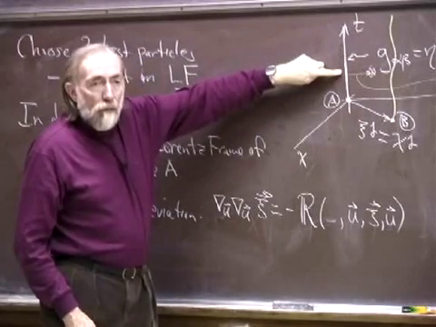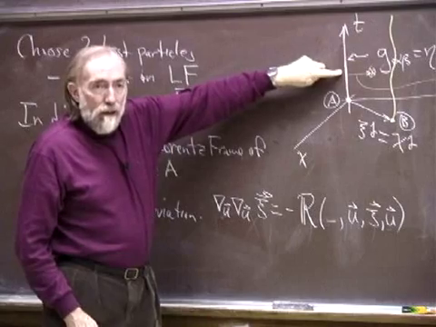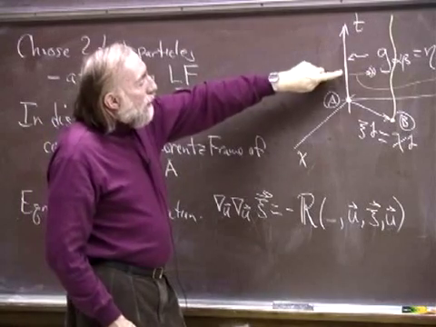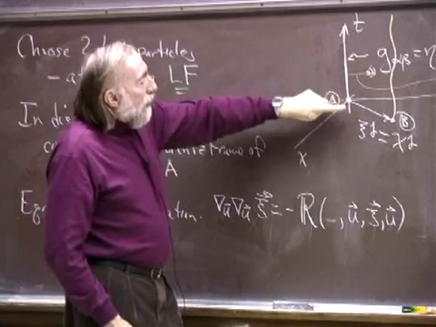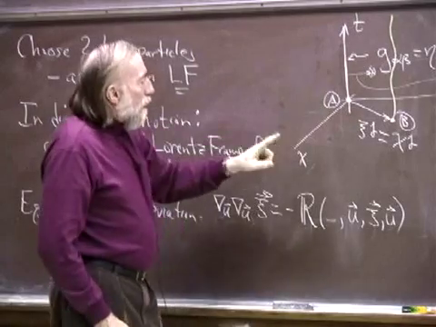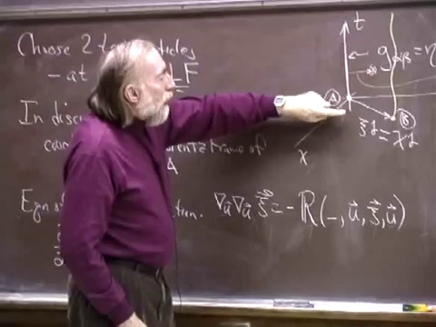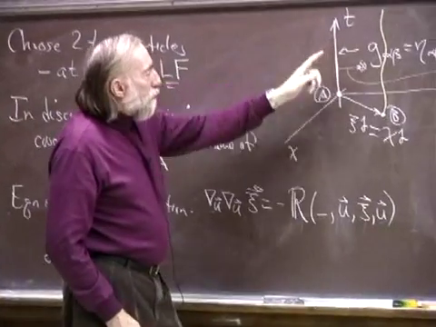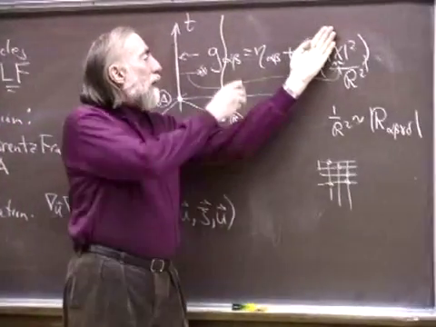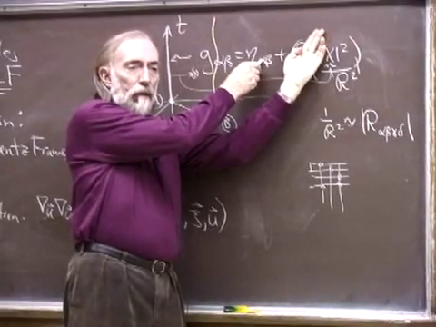Coordinate time, however, is being evaluated along this worldline, so coordinate time along the worldline of particle A is the same as proper time of particle A, since particle A is the particle that has this four-velocity u, and since particle A is at the origin of this local Lorentz frame, and at that origin the metric has the flat space form.